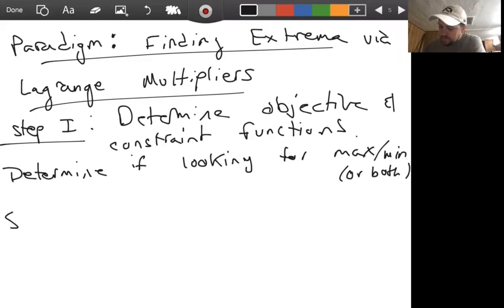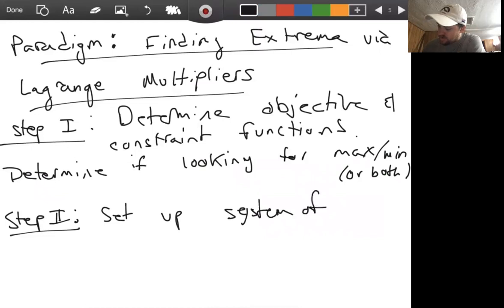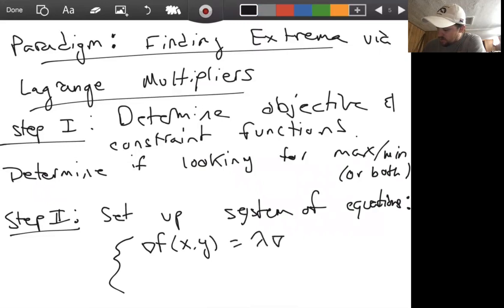The next step is kind of the main computation part. It's to set up the following system of equations. We have the equations that the gradient of f at (x, y) is equal to lambda times the gradient of g at (x, y).